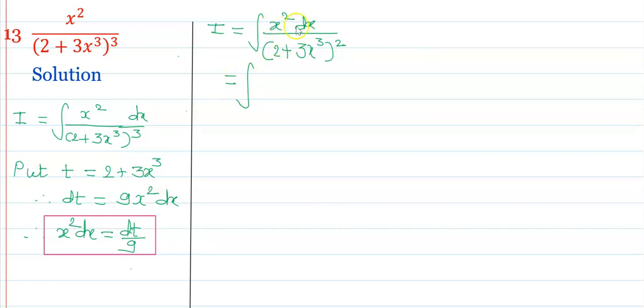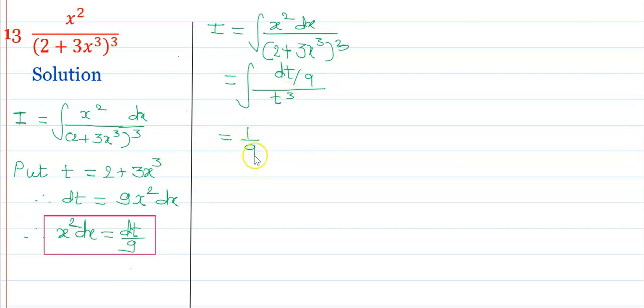Now what is x square into dx? x square into dx is dt upon 9, and this whole divided by, sorry, t cube, t raised to 3.